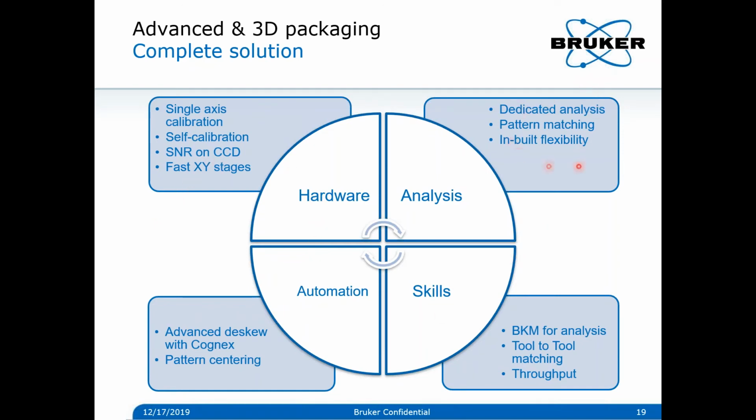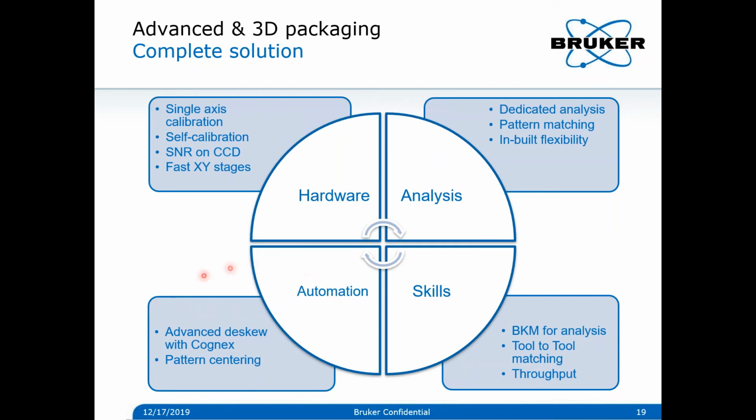You have to develop dedicated analysis as well, such that the measurement is quickly post-processed and the proper information is extracted in a correct way. And for that, you need to build in flexibility, because in terms of 3D stacking, really the pattern, the spacing, the shape will vary quite a lot from one product lot to another one.